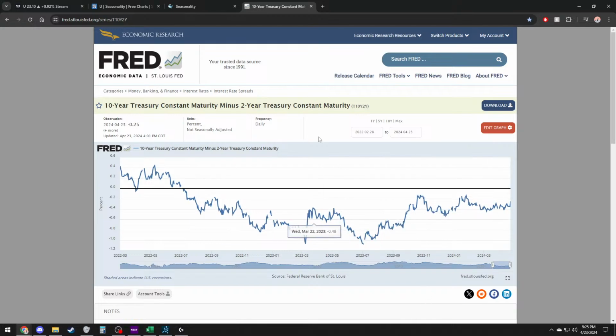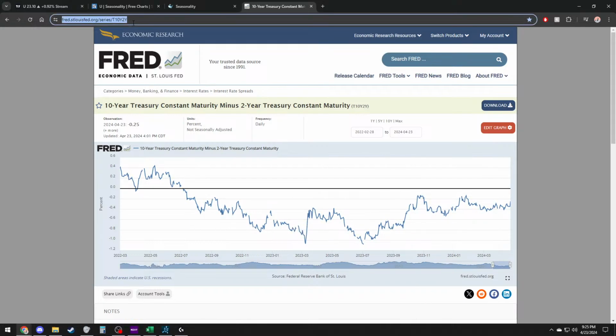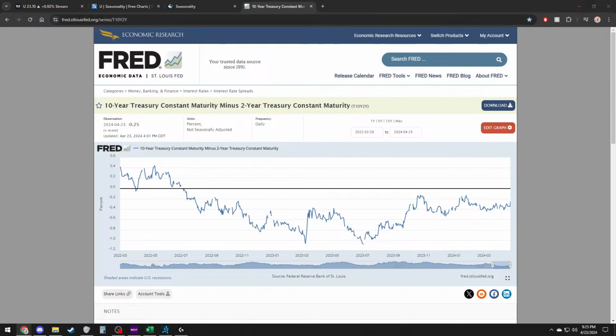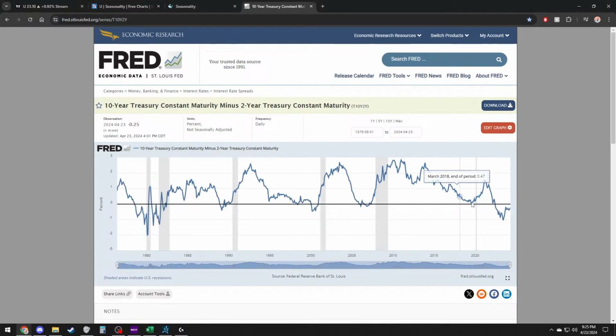So watch this chart. I'll post the link to the website in the chat, so you guys can just keep that bookmarked. This is a really interesting chart.